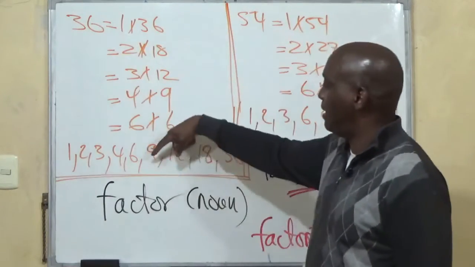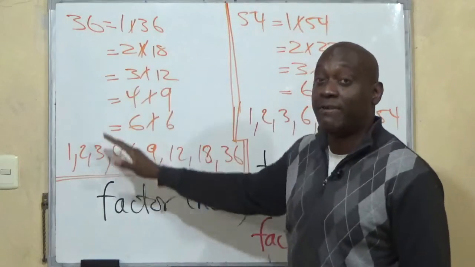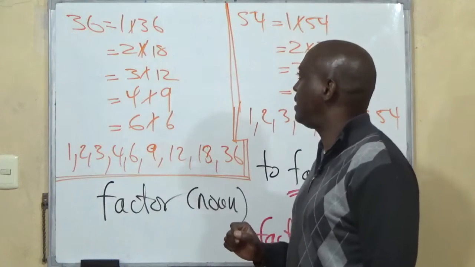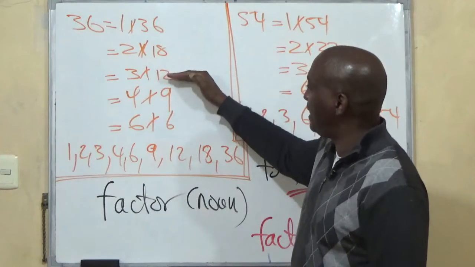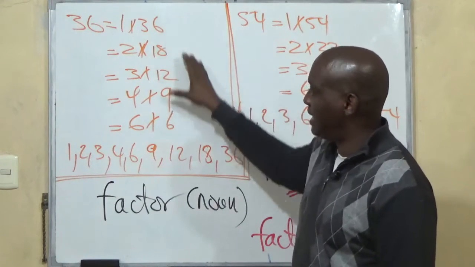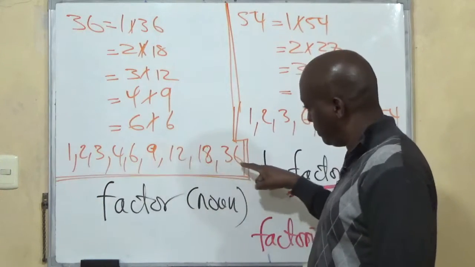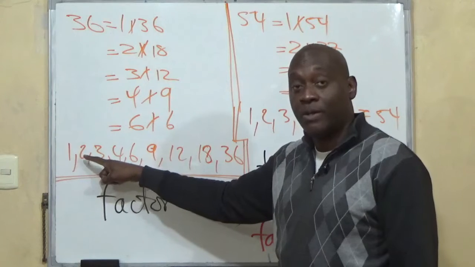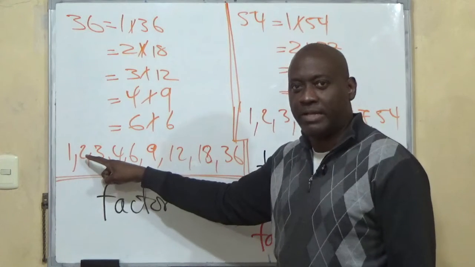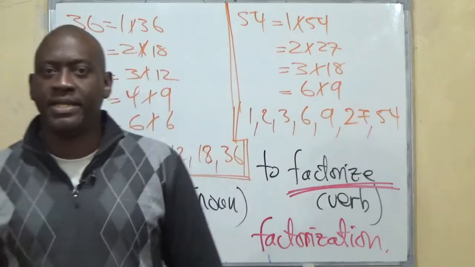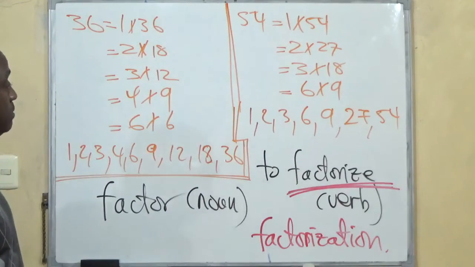So over here, what we have effectively done is to factorize the number 36. We have different pairs of factors, and as we get these pairs, we're in a position now at the end to write down all the constituent factors of the number 36. We did the same thing with the number 54.